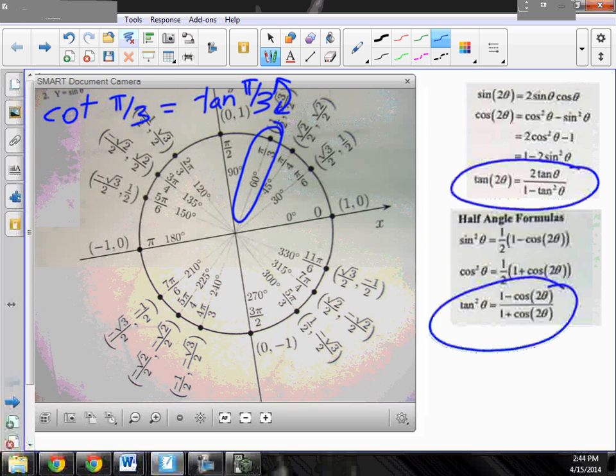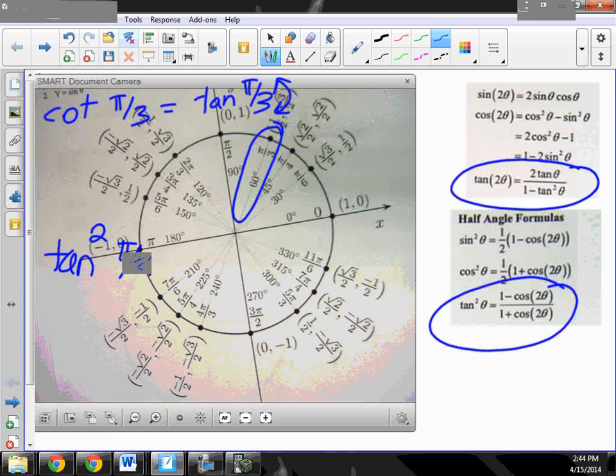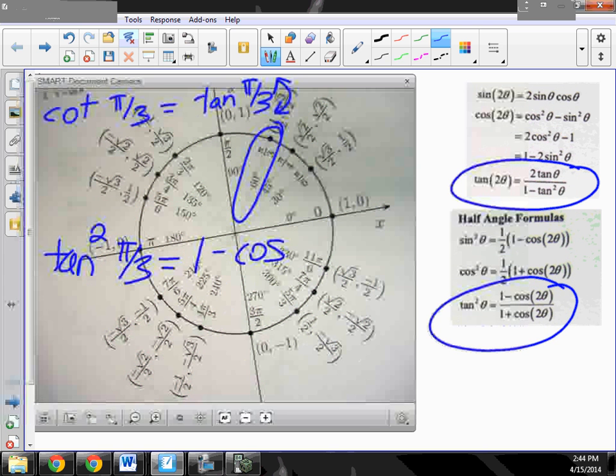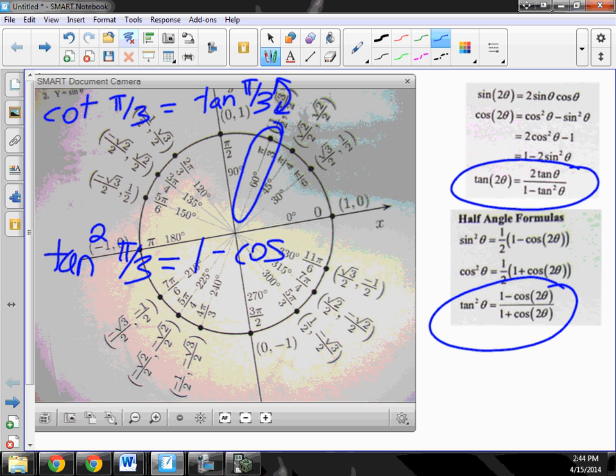So the tangent squared of pi over 3 is equal to 1 minus the cosine of what angle? An angle that's double pi over 3. So double pi over 3 is 2 pi over 3. Because you'll see, theta goes there and double theta goes there.